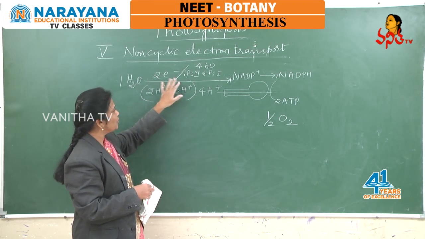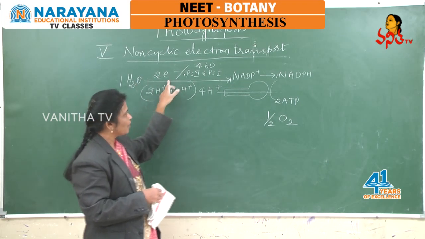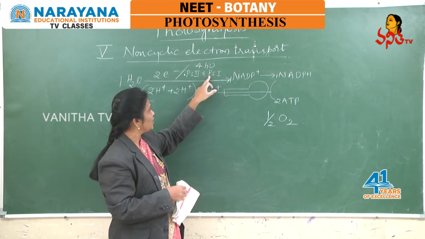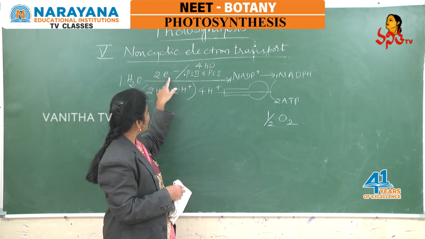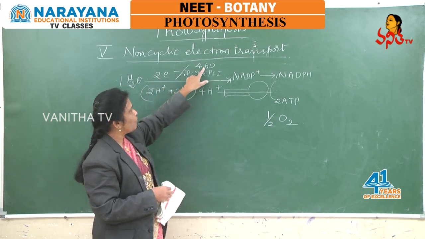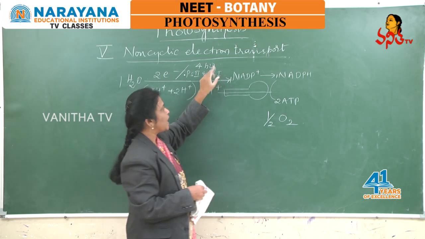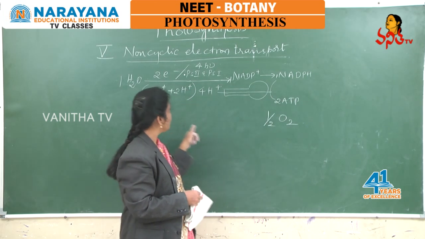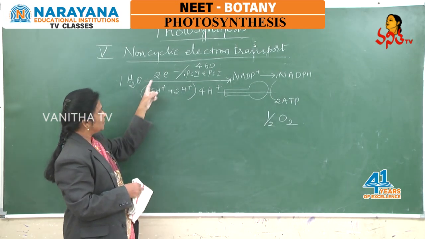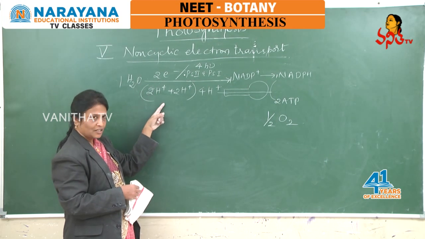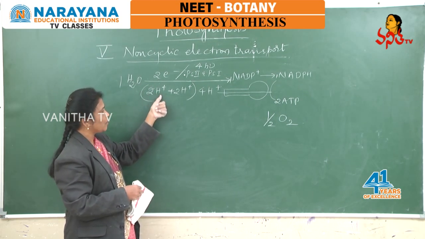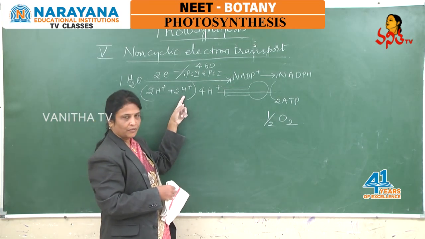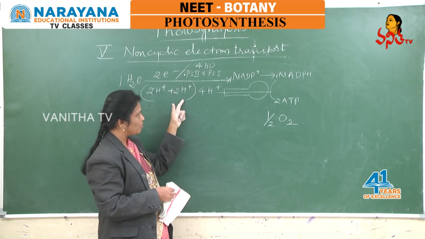That pair of electrons is involved in non-cyclic electron transport, and of course both photosystem 1 and photosystem 2 get excited. So for the non-cyclic electron transport of 2 electrons, 4 photons are utilized, and that causes the synthesis of 1 NADPH, that is the reducing power. That pair of electrons involved in NCET also causes the addition of 2 protons directly to the lumen as well as 2 protons through plastoquinone and cytochrome complex, that is from stroma to lumen.